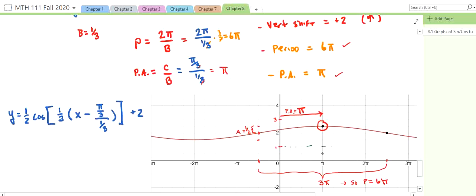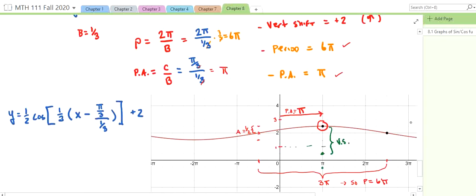But since we're halved, we oscillate between minus a half and a half. So we oscillate between these 2 points. If we didn't have any other shifts going on, this would be how high our function oscillated. But since we have a vertical shift of plus 2, this goes up 1 and 2. So this is our vertical shift.